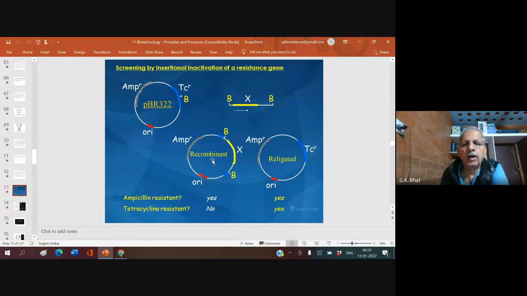Now, whatever gene of interest is added is removed and religated, meaning we have removed it and joined it again. So now what happens? Does it show ampicillin resistance? Yes. Does it show tetracycline resistance? Yes. So you have understood this clearly?